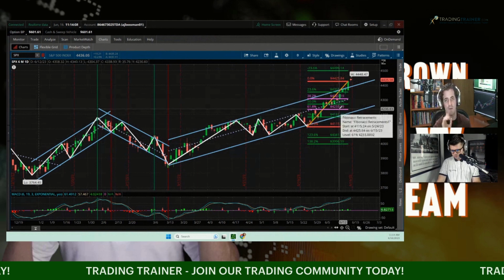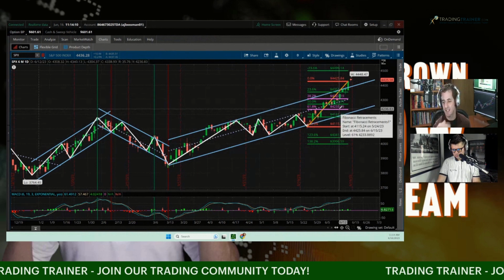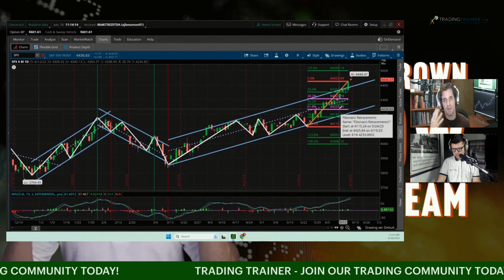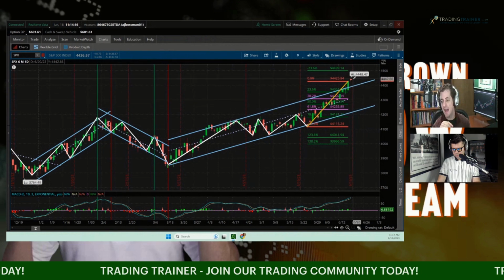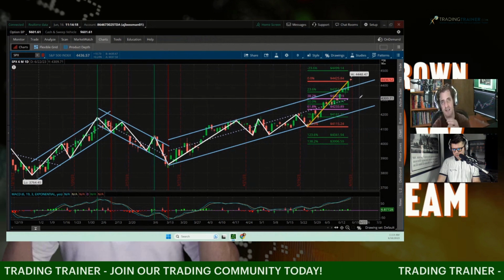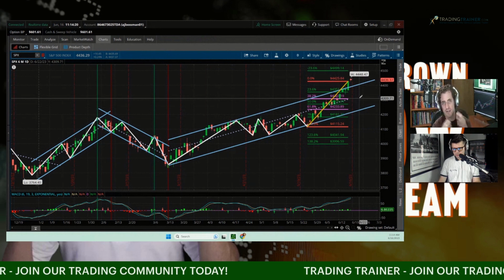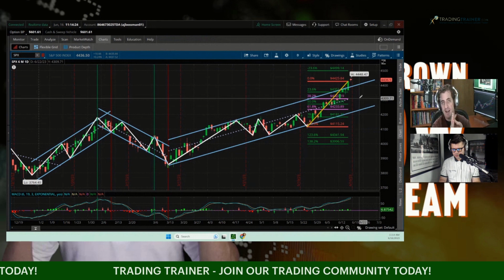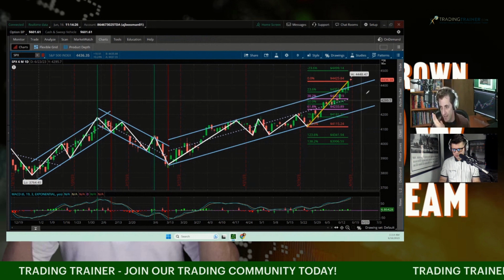So right now would be a good time to pull back to somewhere in that range, 4,230 up to 4,305. That pullback would give us enough investor confidence in the uptrend to give us another push.